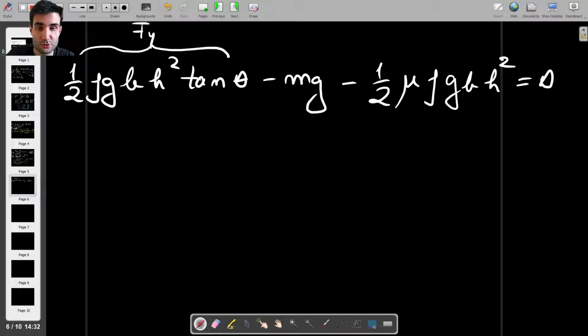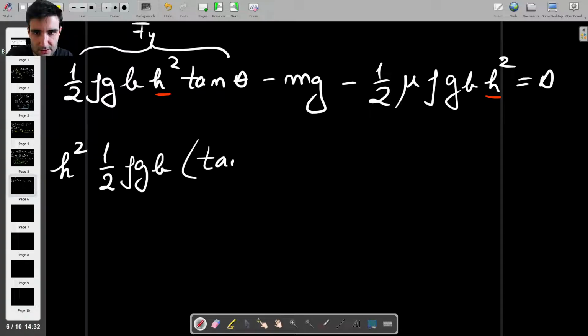So this is one equation with one unknown. The only thing we don't know here is h, so all we have to do is rearrange this to find what h should be. So I'm going to factorize h squared. Actually, I think I can factorize a bit more than h squared. I can factorize 1/2 rho g b as well as h squared, and this is going to give me tan theta, and then from here, what I'm going to be left with is just mu.